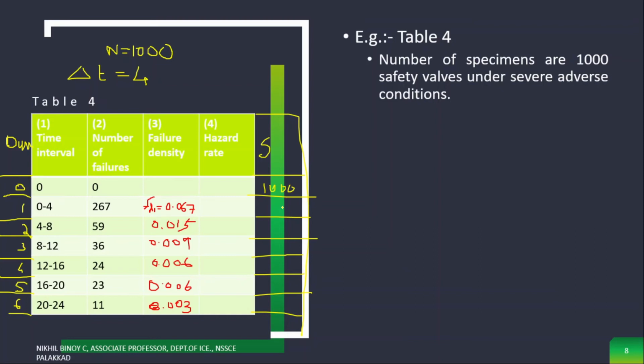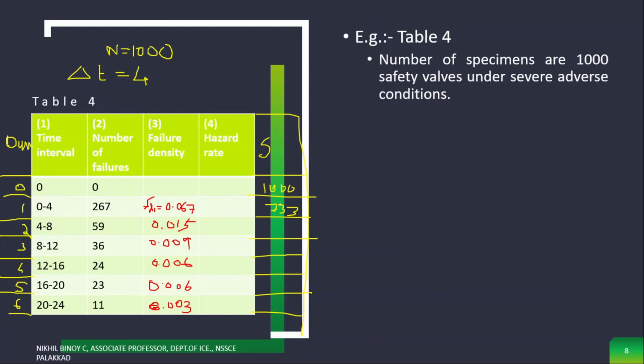So the number of survival after the first duration is 1000 minus 267, that is 733.